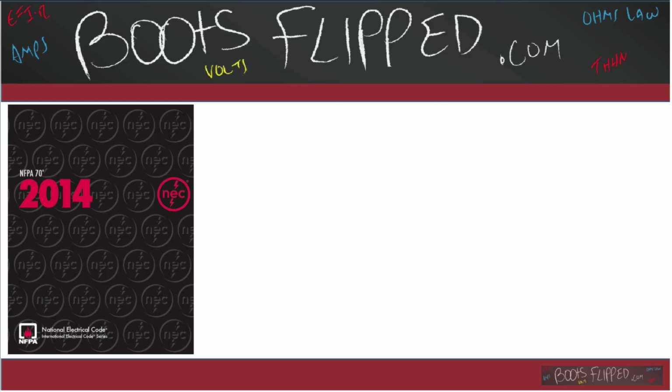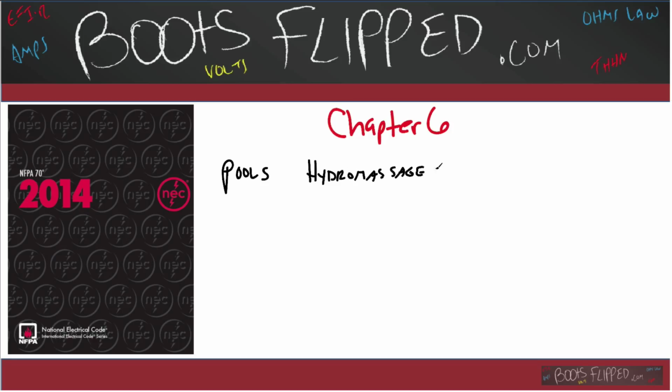When we get into Chapter 6, Chapter 6 is special equipment. We're going to find pools, hydromassage tubs, hot tubs, center pivot irrigation.